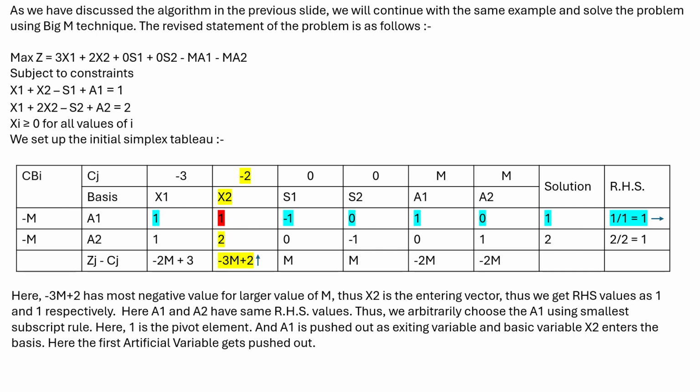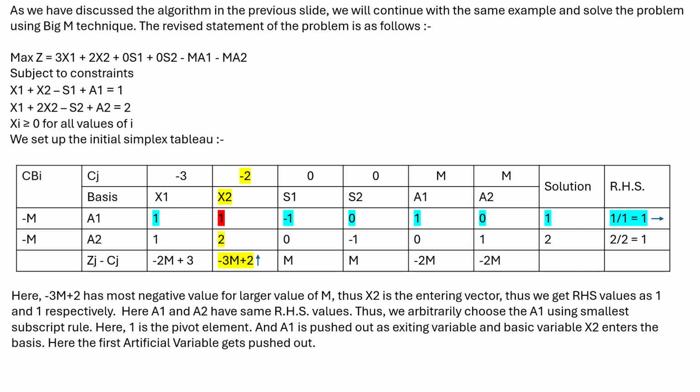This zj minus cj need not be computed for the column of solution. Now, after having computed all the values of zj minus cj, we need to look for the most negative value of zj minus cj. Since M is infinitely large, for the sake of computational convenience, let us say M is 1 lakh.